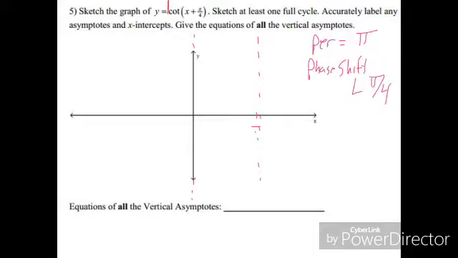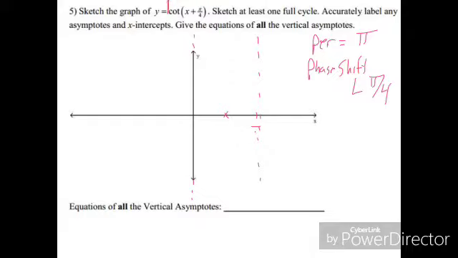Halfway in between, it's at its 0, and then it would be going down like this. Cotangent's a decreasing function. You can have cotangents be increasing, but you'd need a negative amplitude to flip it around.